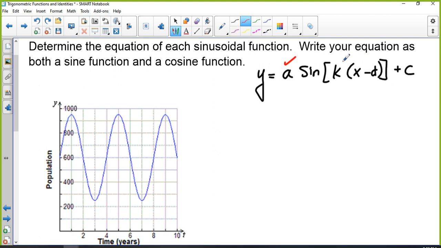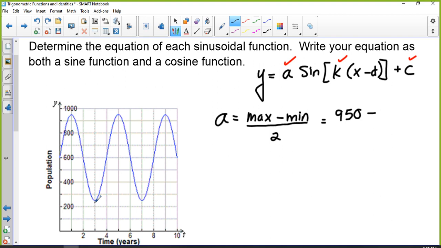The a parameter, the k parameter, and the c parameter are all very simple to find because they're formulaic. The a parameter is maximum minus minimum divided by 2. The maximum value looks like 950, minus the minimum, which is about 250.